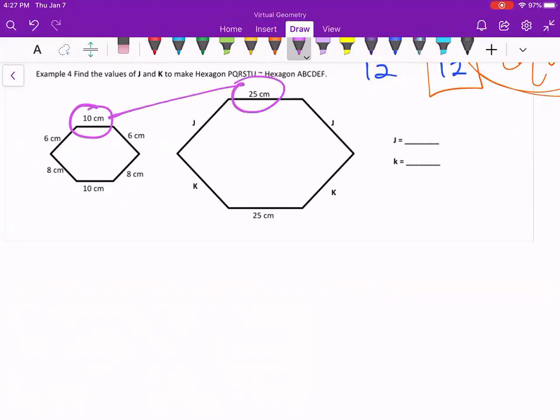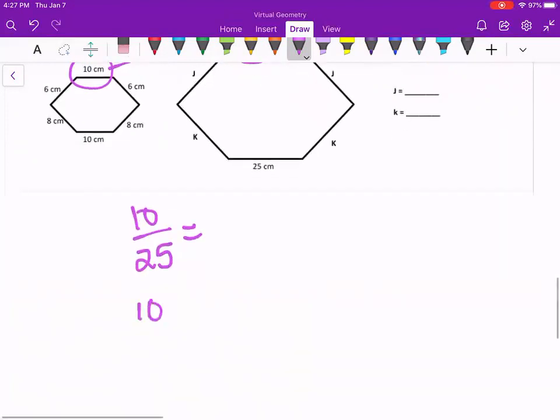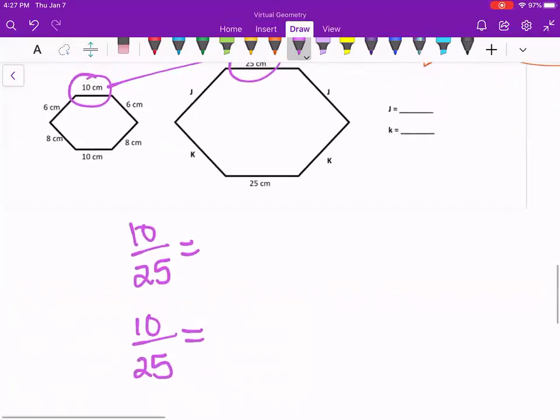I'm looking at top of the little one to the top of the big one. So I'm looking at 10 over 25 equals. Now, because I've got 2 letters, I need to use this twice. Once to find J and once to find K. So let's do J first.